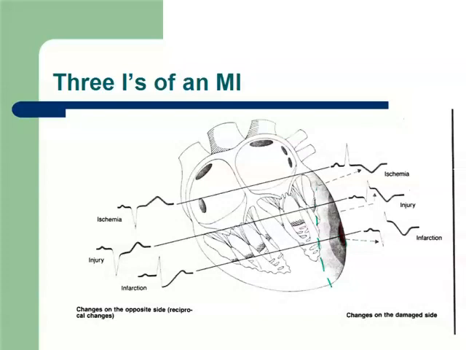This is over the area of the infarct. If you look on the opposite side at the reciprocal leads, you'll see that the T-wave will be more peaked. Your ST segment will be depressed, and you'll have some coving in that ST segment and a taller R wave if you have an infarction.